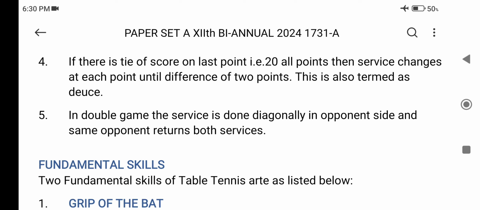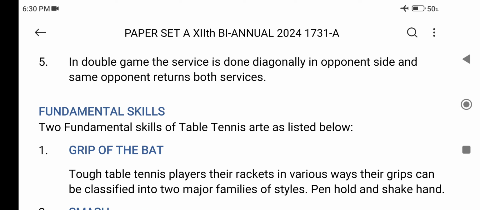If there is a tie of score at 20 all, then service changes at each point until there is a difference of 2 points. This is also termed as deuce. 5. In a doubles game, the service is done diagonally to the opponent's side and the same opponent returns both services.